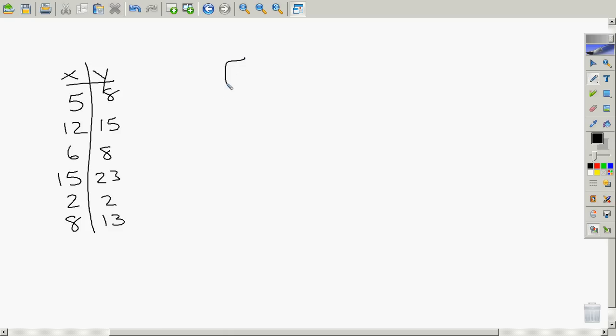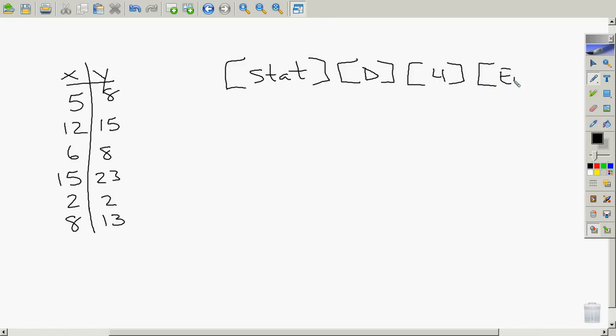So we will do stat. We will hit the right arrow button. We will pick number 4. And then we'll hit enter.